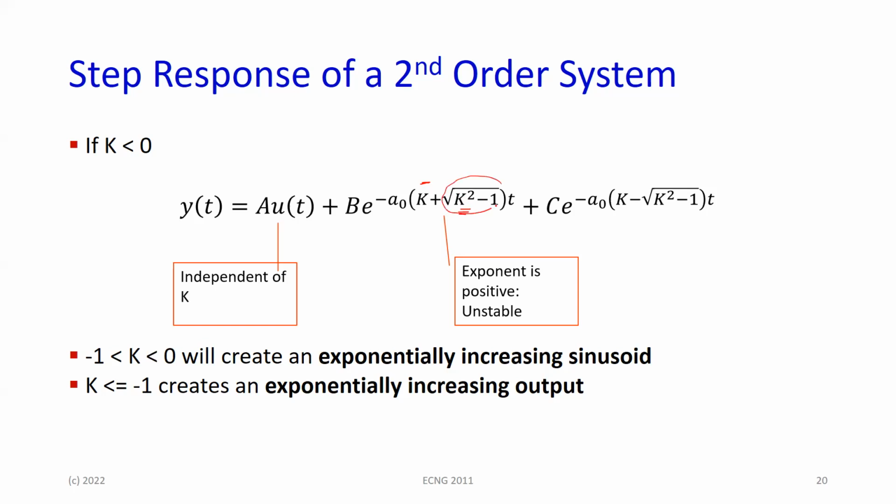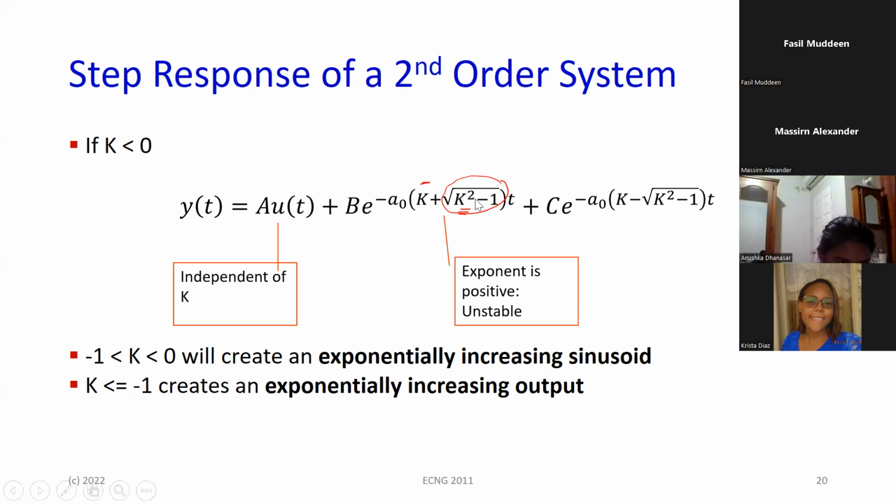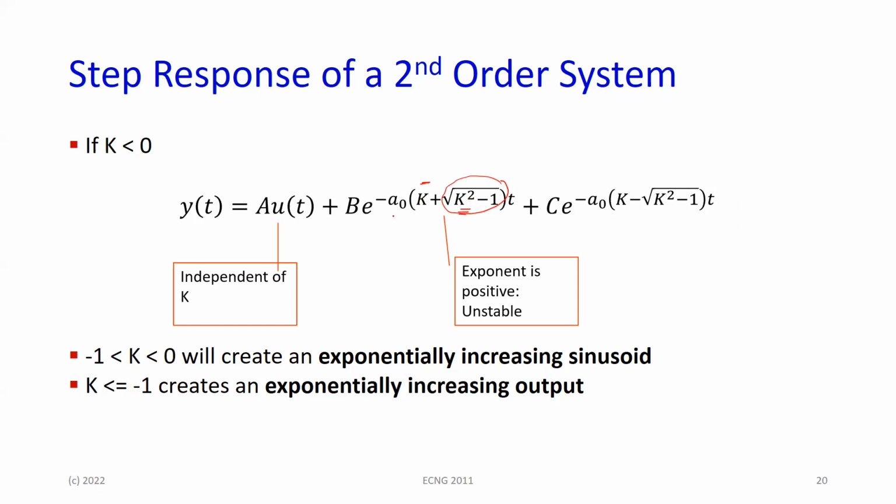So this is not going to impact too much the overall answer, but of course, k squared minus 1 is always going to be less than k. So if k is negative, k squared minus 1 is always going to be a number less than k. So this whole thing is going to be a minus by a minus, so this is going to be positive here. Same thing for this one. The answer inside of here, this whole answer here is going to be negative.